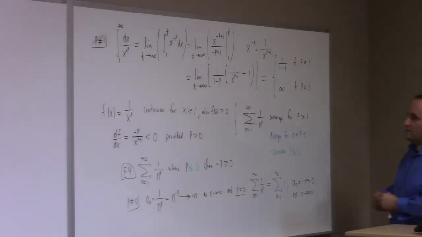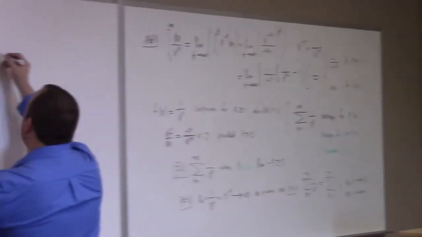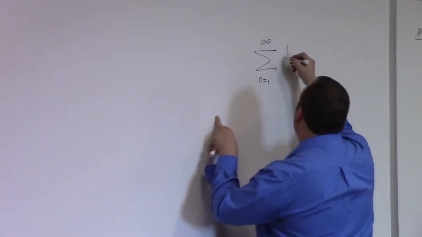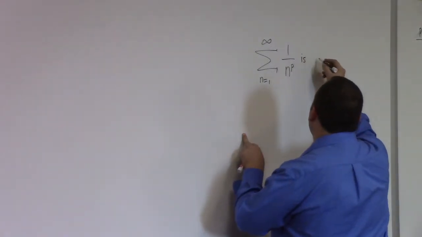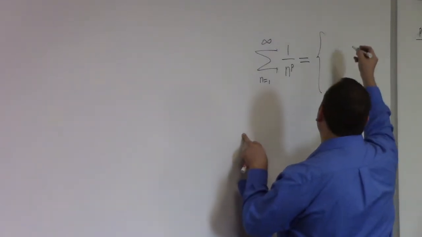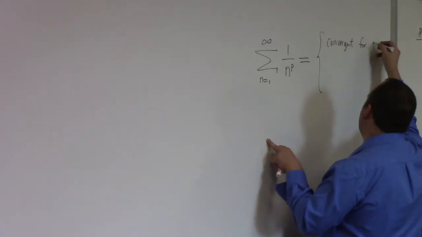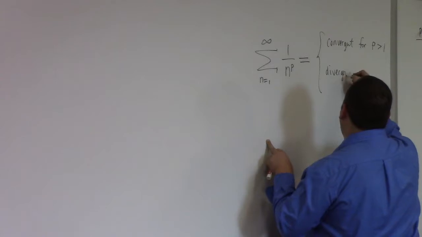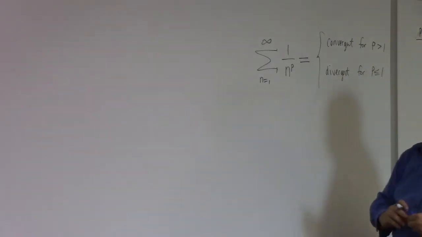And here's the big thing to remember, in its glory: the sum from n equals 1 to infinity of 1 over n to the p is convergent for p greater than 1, and divergent for p less than or equal to 1.